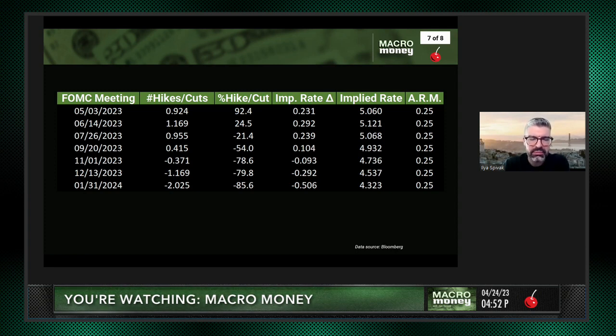So the implied rate delta based on current rates now. In July, 24 basis points, so we still have that one hike. By September, you can see rates are already dipping back under 5. The implied rate there, 4.93. So you can see that already about half of the tightening is starting to filter out.